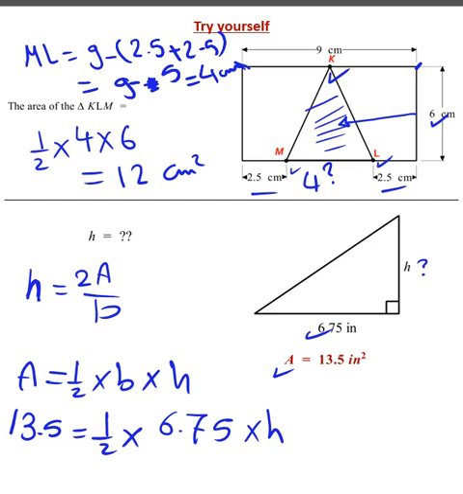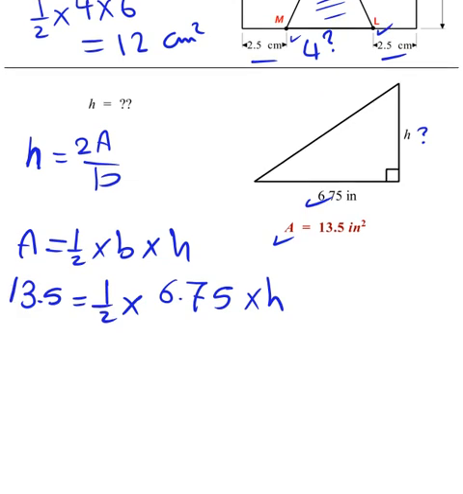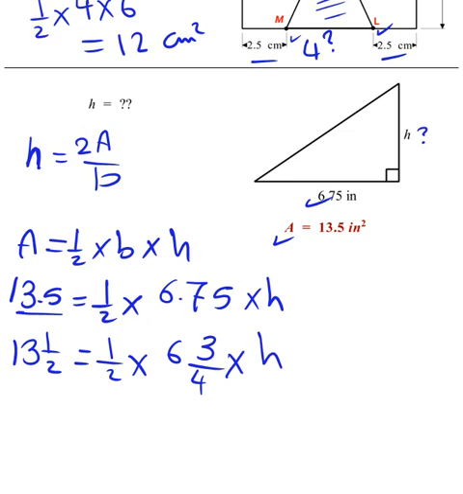Then you can convert it to a fraction. 3 and a half times 6.75 equals 3 quarters times the height. 3 and a half equals 27 over 2 equals half times 27 over 4 times the height.